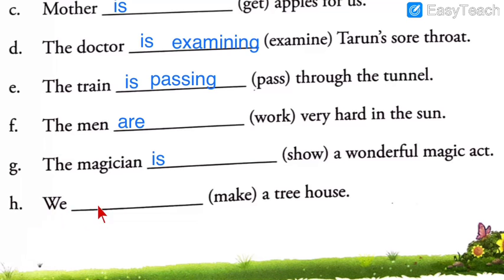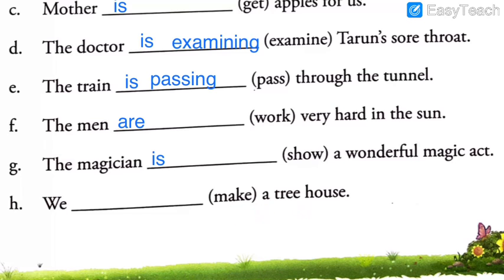Okay, the sentence H, the next one is we dashed a tree house. Now what do you think? We means singular or plural? Students, the question to you is we, W-E. Now when you say we, does it refer to singular or plural, one or many? Obviously many, that means plural. When we are talking about more than one person, we say we, that is first person plural.